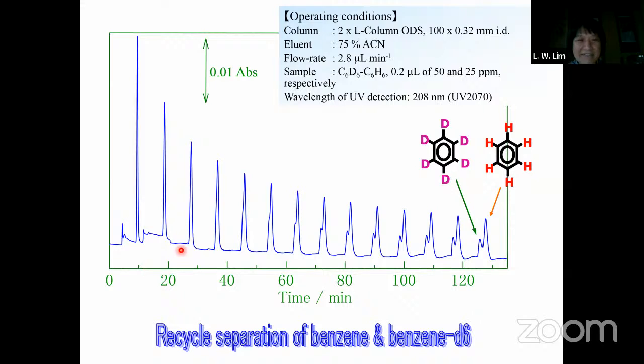Then after 10 minutes, when I saw the peak, I had to switch again. So every 10 minutes, I had to remember to switch the valve so that I could recycle my sample and get the peaks like this. It was very fun waiting, but sometimes if my friend talked to me and I forgot to switch, then my sample would go somewhere else. So it was very interesting when I set up this system.